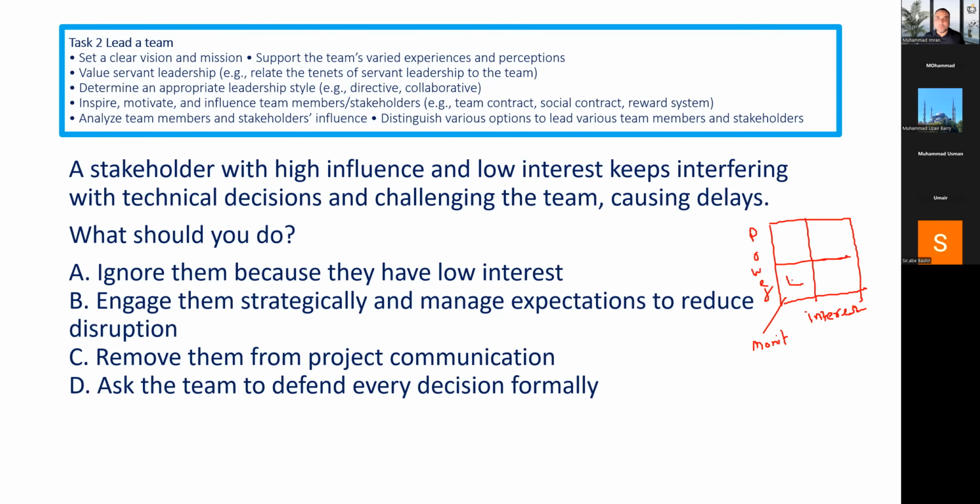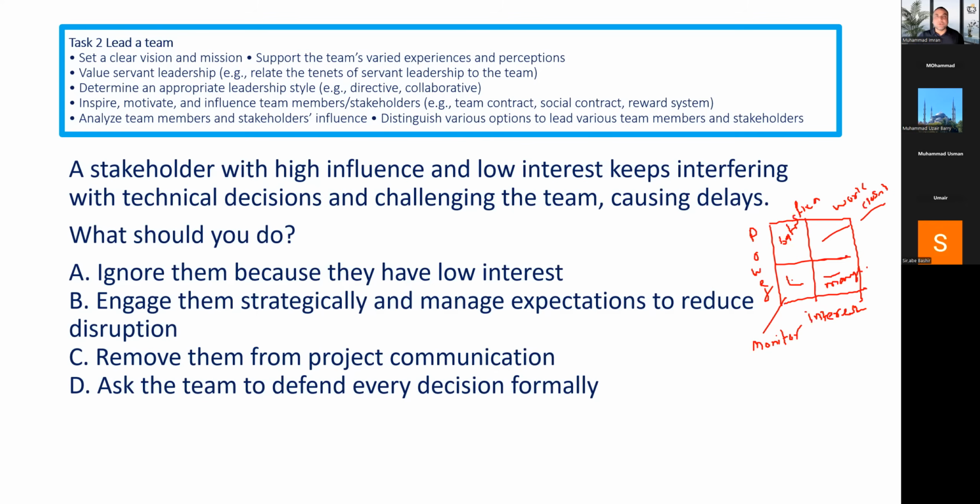Let me explain because I think you might have forgotten. The people who have high interest but low power, like team members and users, we need to manage them. The people who have high power but low interest, keep them satisfied and informed, like executive management. And the people who have high power and high interest, work closely with them to achieve the project objectives.